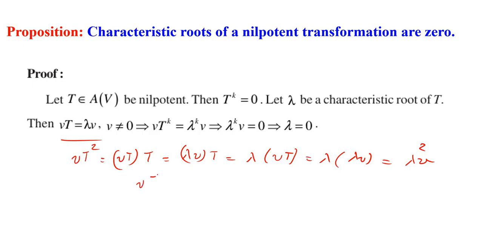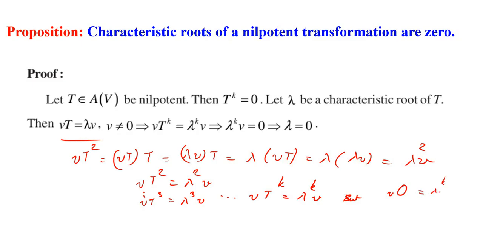So vT square is lambda square v. And proceeding like this, you will get vT cube to be lambda cube v, and so on. vT power k is lambda power k v. But what we have is T power k to be the zero transformation. So v times the zero transformation equals lambda power k v.